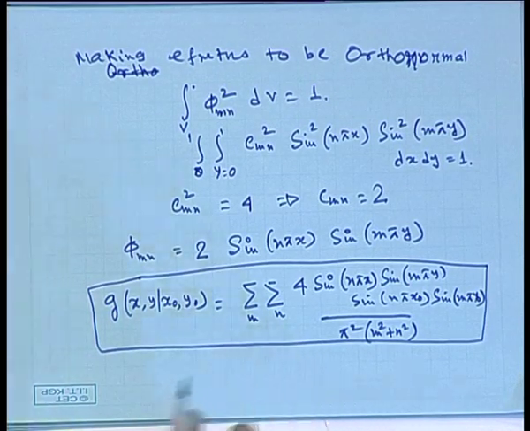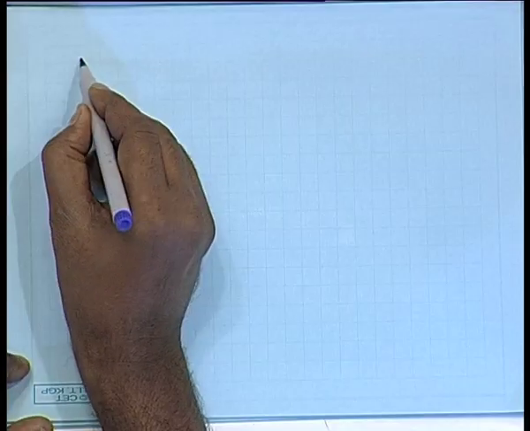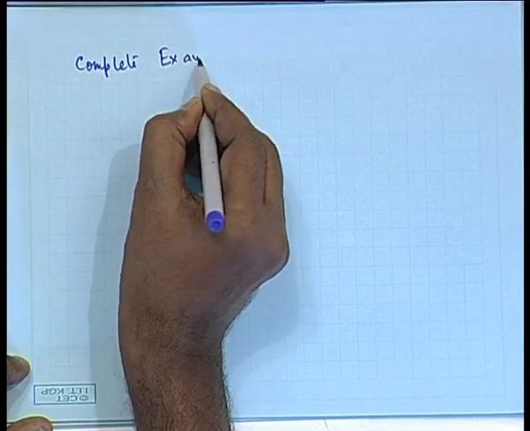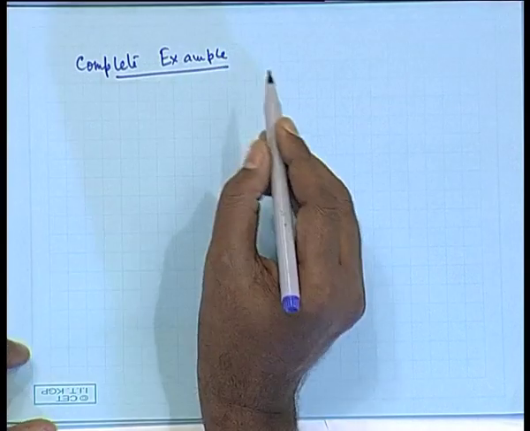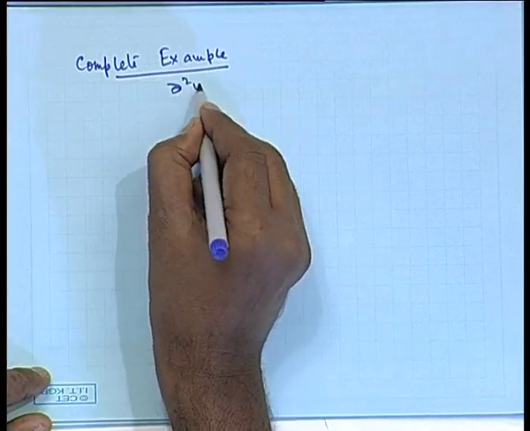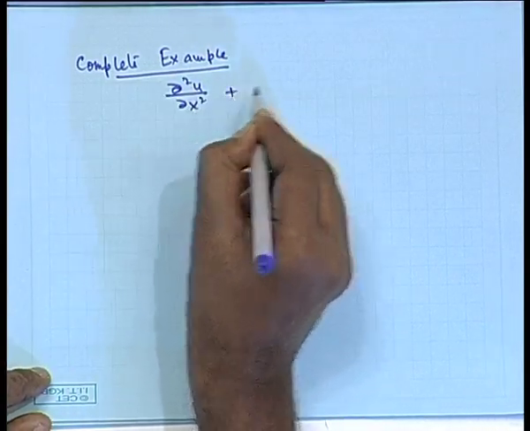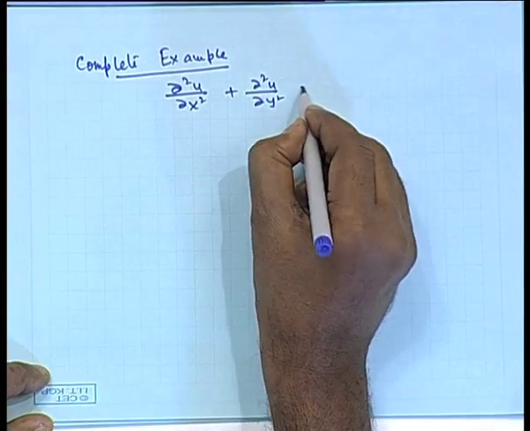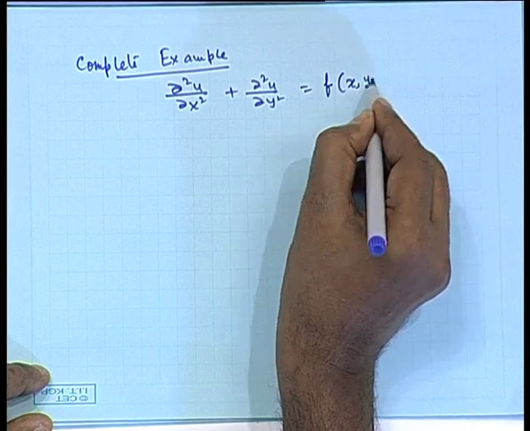Let us look into a complete example. Let us solve the equation del square u del x square plus del square u del y square, where u may be temperature, is equal to a known function of x y.